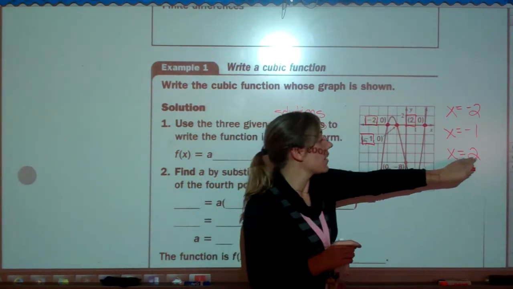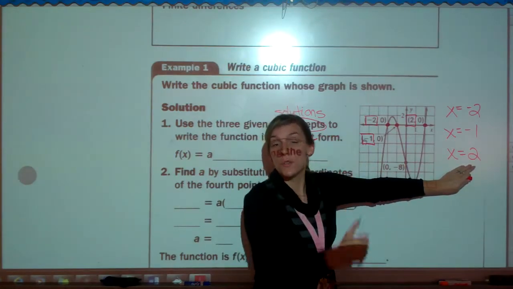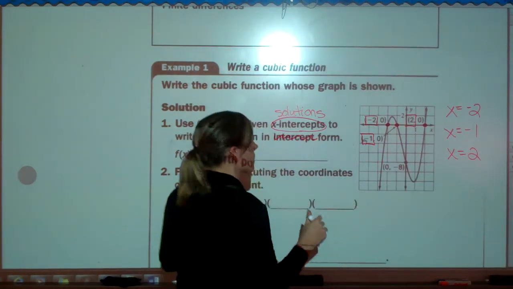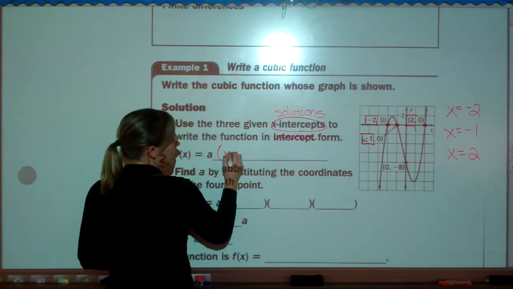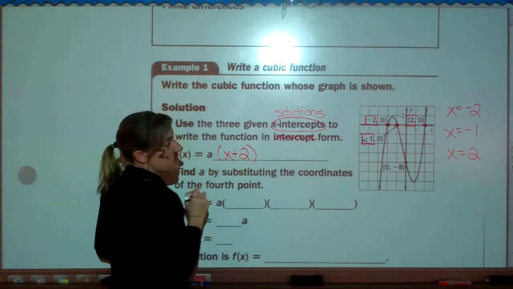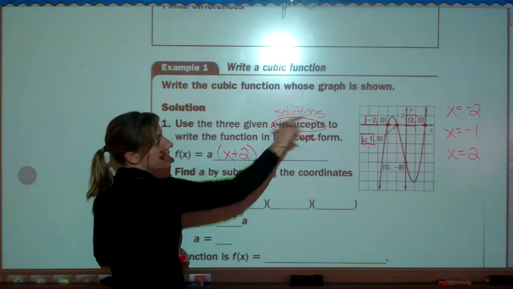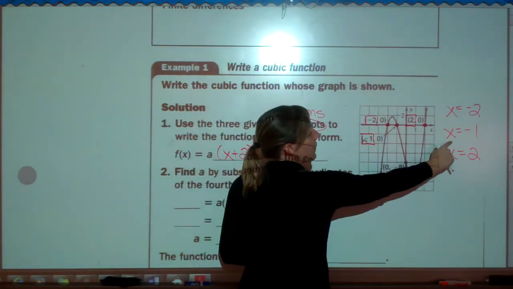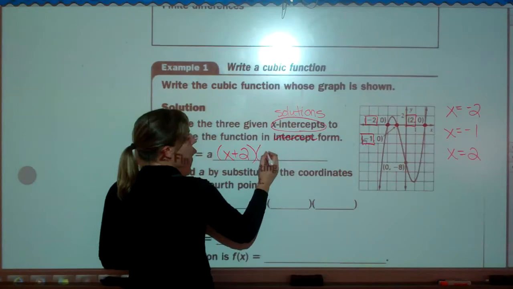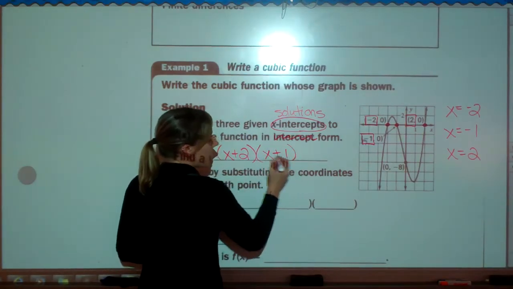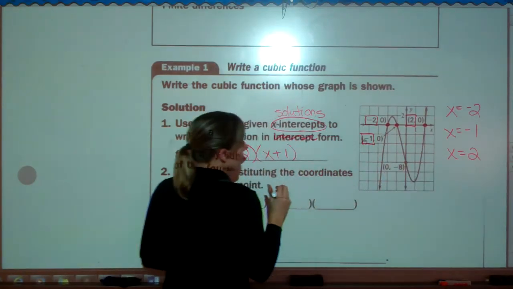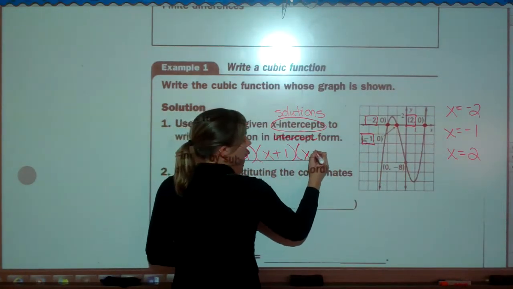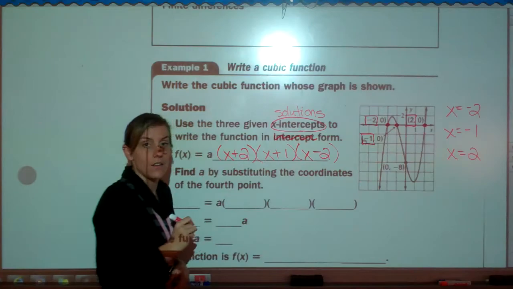So since we have the solution, we use its opposite to get its factor. So instead of x minus 2, one of the factors is x plus 2, because you would subtract it if you were solving that, okay? Instead of x minus 1, one of the factors is x plus 1. And instead of x is a +2, you would change it to x minus 2.